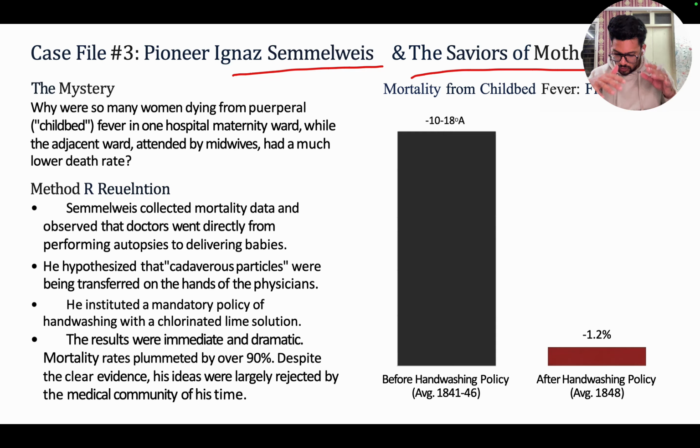The mothers of the group of doctors who didn't wash their hands developed puerperal sepsis, or childbed fever. But for the group of doctors who washed their hands before postnatal care, the mortality rates were much lower than in the other group.